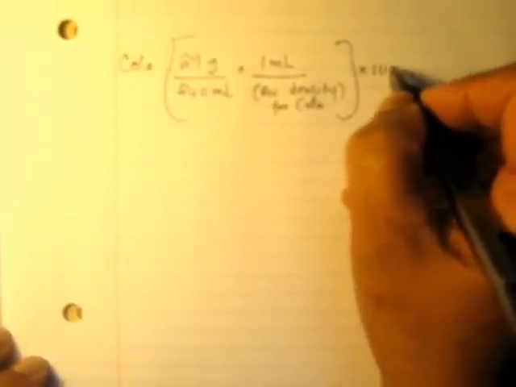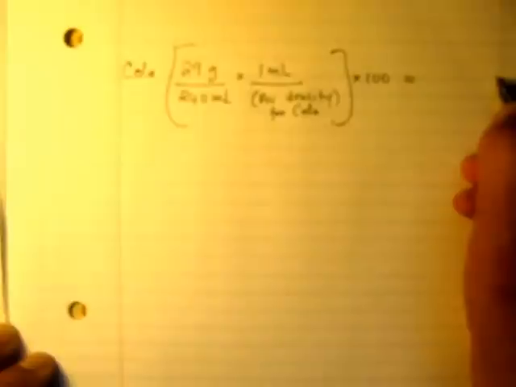Here you put your average density value for cola. And the whole thing times 100 will give you the accepted percent sugar content.